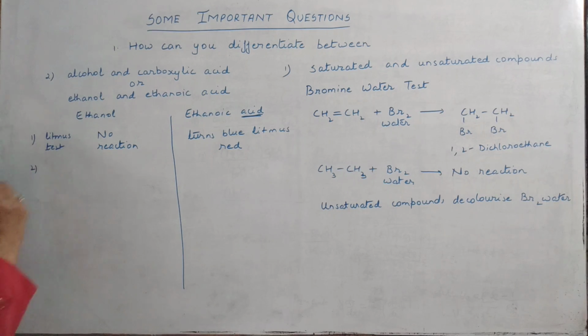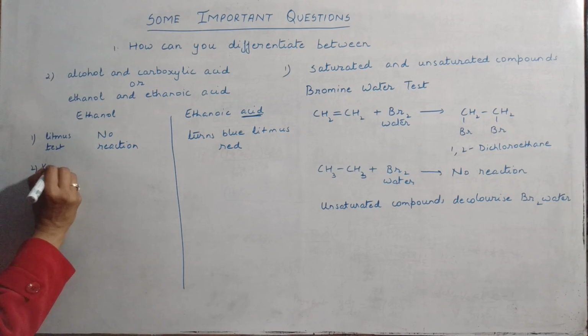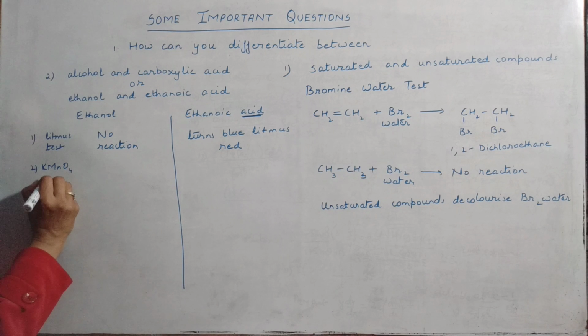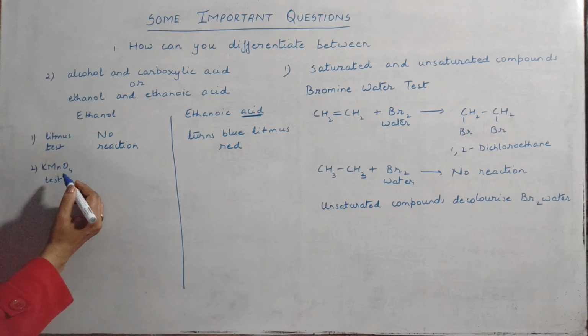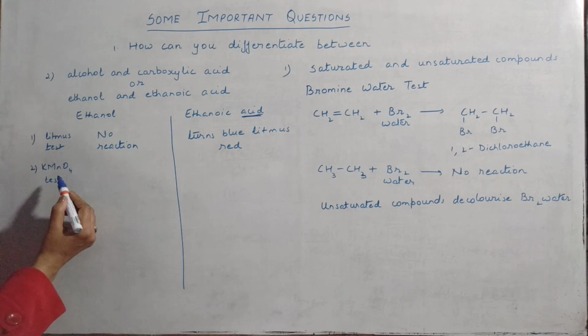The second property is KMnO4 test. The natural color of KMnO4 or potassium permanganate is pink. So, in the chemical properties, we have studied that ethanol reacts with alkaline KMnO4 and forms ethanoic acid.